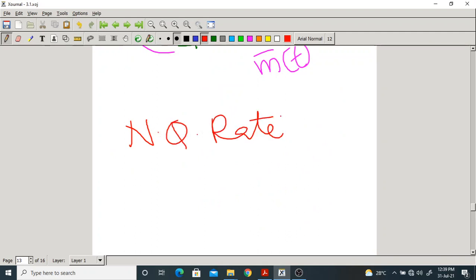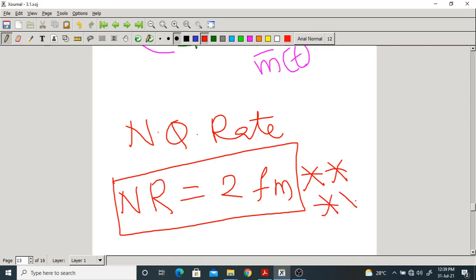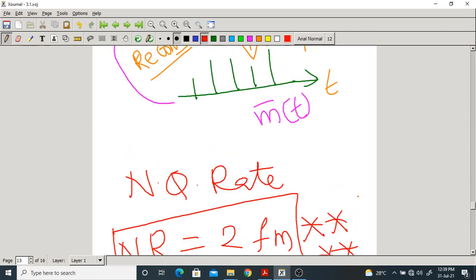That is the minimum value of sampling rate that is required for the reconstruction, that is twice the Fm. Very, very important.